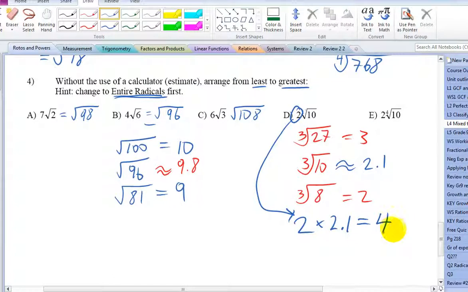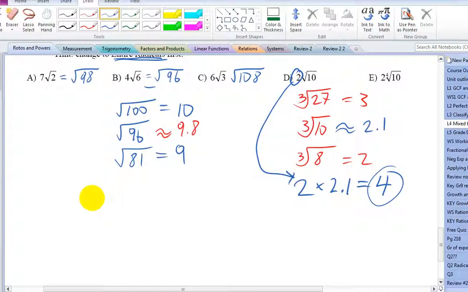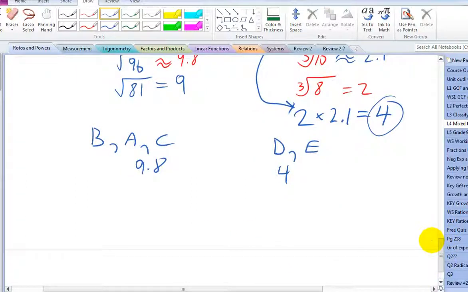So we know that B is smaller than A, than C. Over here we know D and E, and so when we put these together, these ones are about 9.8, this one's about 4. Where should D and E go? Right at the beginning, because they're the smallest. So D, E, B, A, C.